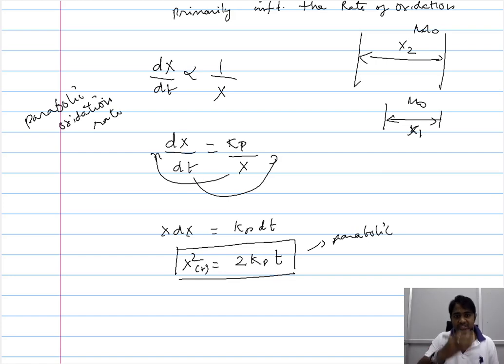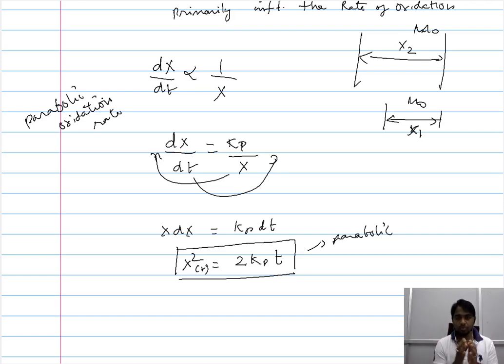So what the parabolic oxidation rate characterizes is that the rate of diffusion of the ions within the metal oxide governs the overall oxidation rate. So when you have thicker metal oxide, the time taken for the diffusion of the ions becomes longer, and therefore the oxidation rate is inversely proportional to the thickness of the metal oxide.